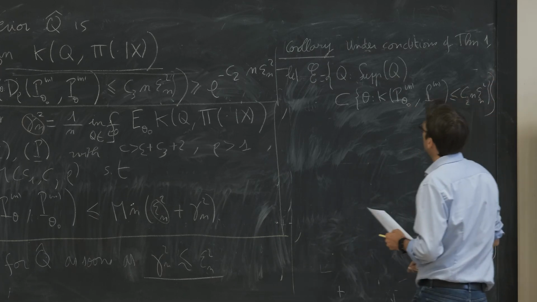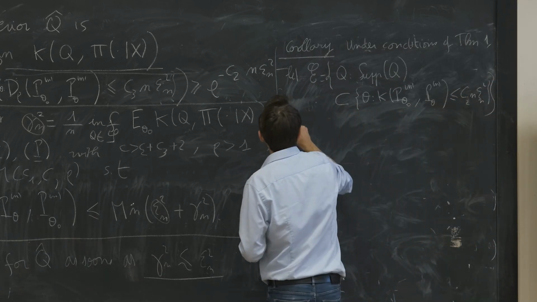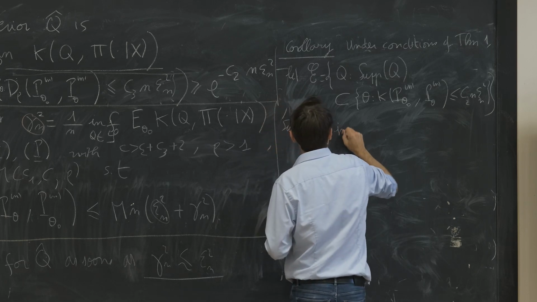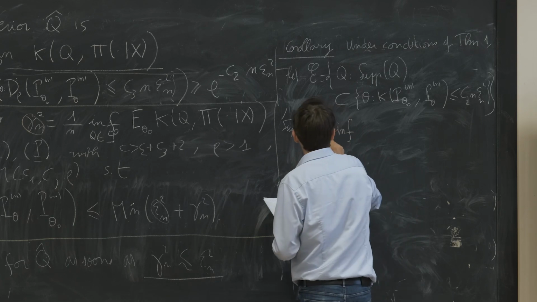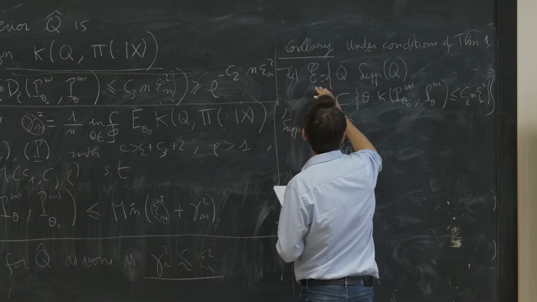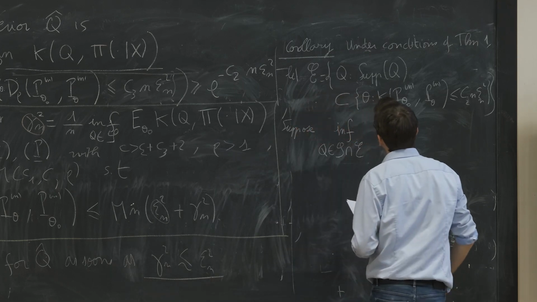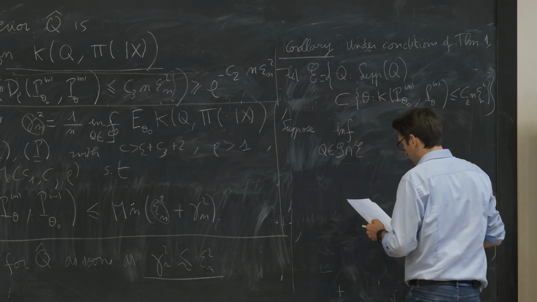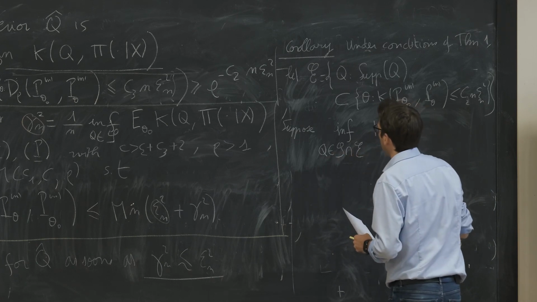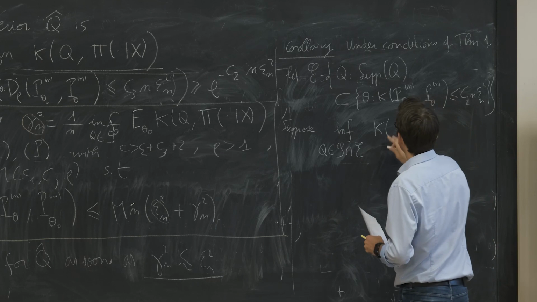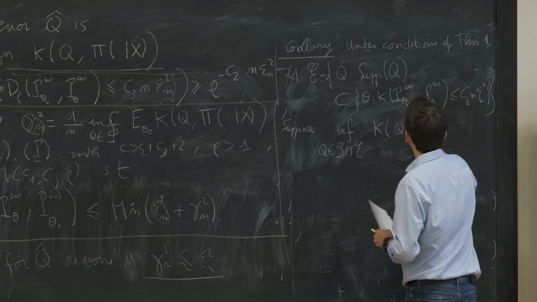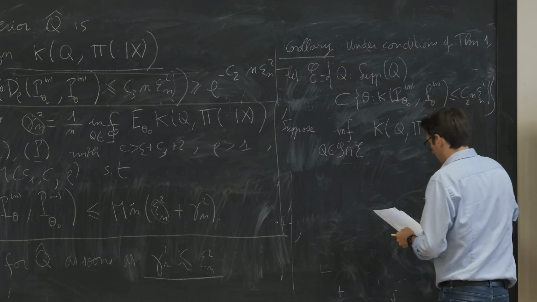Suppose that I can find, in the infimum over the variational class and the set of distributions that verify this property, a certain element of the variational class that verifies both this and that its Kullback-Leibler to the prior is not too large.